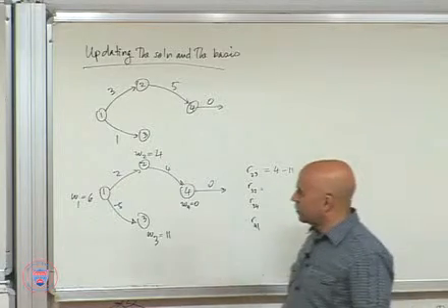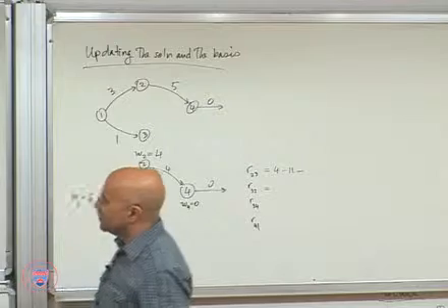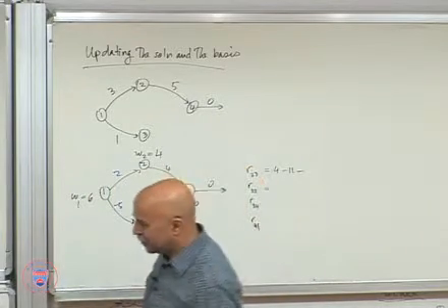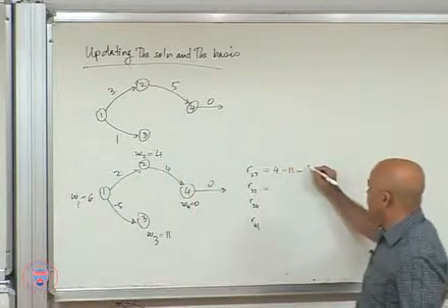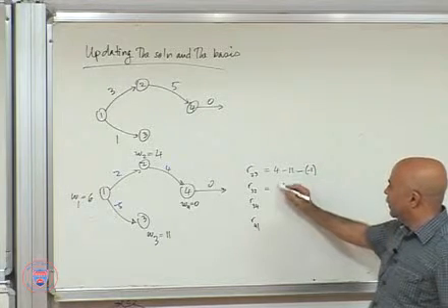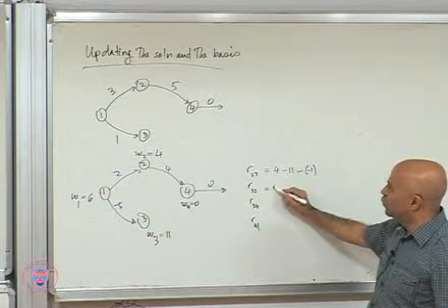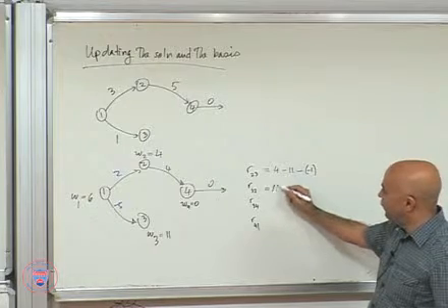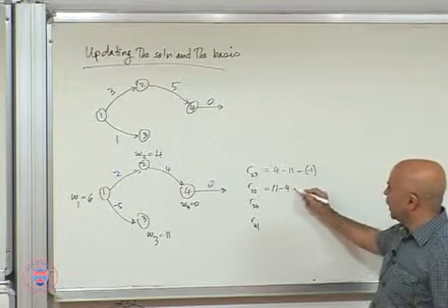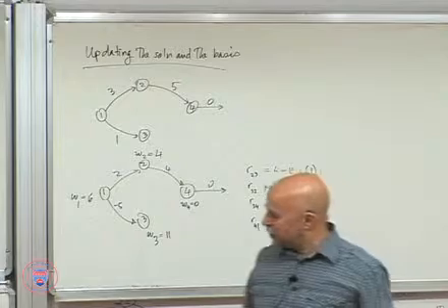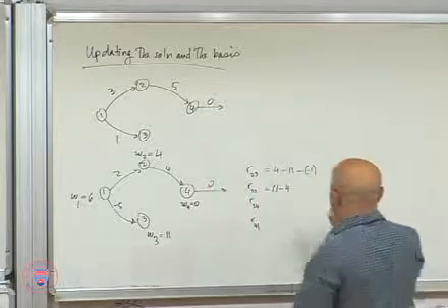What is the cost of 23? 23 has a cost of -1. Yes, this is -1. The next one is 11 minus 4 minus the cost, which is 6.